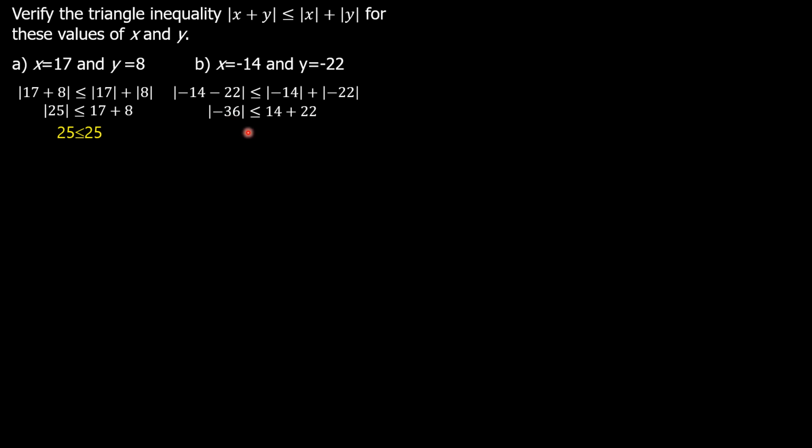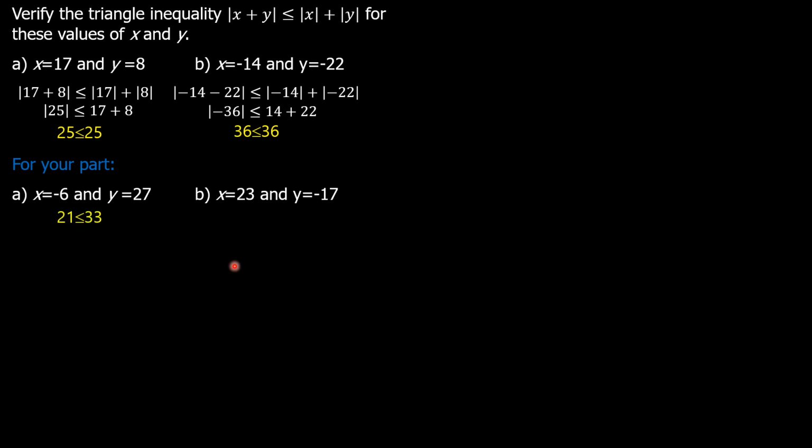So that's why you have 36 less than or equal to 36. Then for your part, x is negative 6 and y is 27, and x is 23 and y is negative 17. So this should be the result, 21 less than or equal to 33. And here 6 less than or equal to 40. You have to show that.